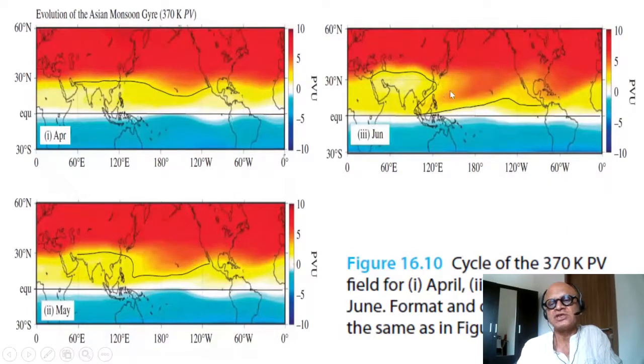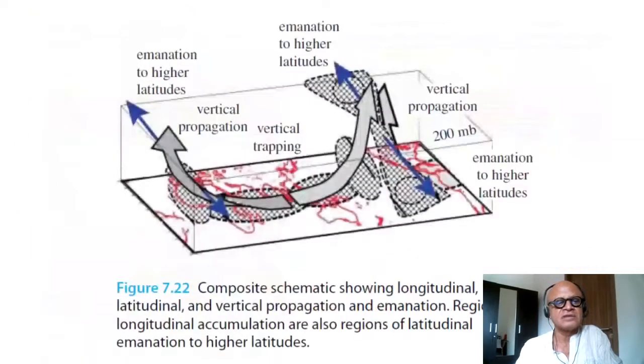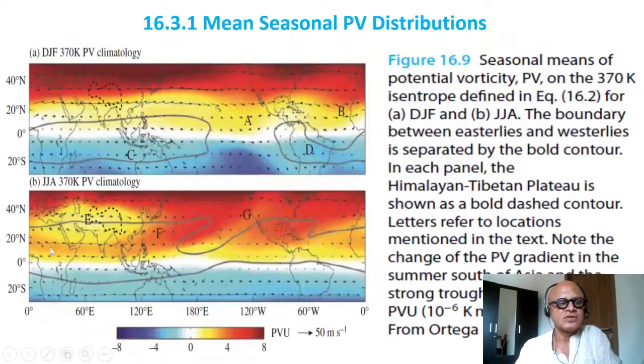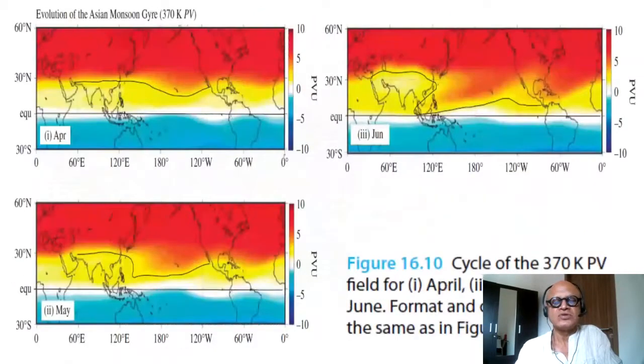And you can see this clear advection southwestward into the low latitudes, which is then going to trek across into the Greenwich Meridian Atlantic, as we saw here. So you can see this very clearly here, circulating around the Asian monsoon gyre.